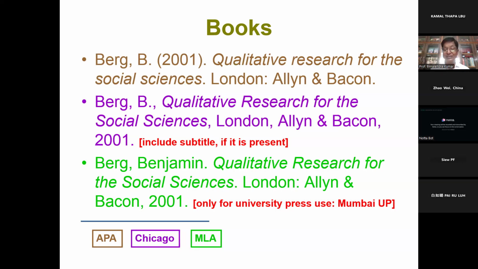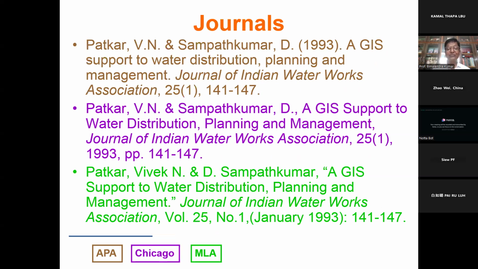In the ninth edition, the Q in Qualitative will be capital, but research will be small, and social sciences will also be small, not capital letters. So there are some changes in the MLA ninth edition, so you have to keep it in mind. You have to go through it.